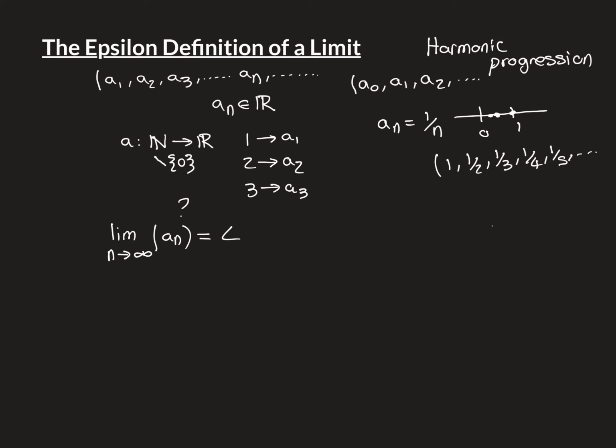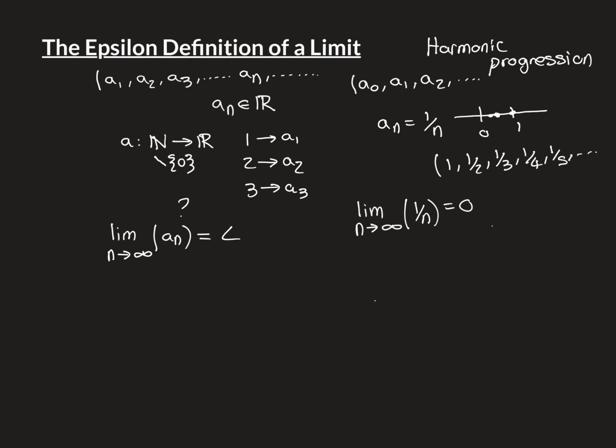That's the intuitive concept of the limit of this sequence. So we would say that the limit of this harmonic progression, limit as n approaches infinity of 1 over n is equal to 0, because that's the place on the real line that the terms of the sequence are getting closer and closer to.